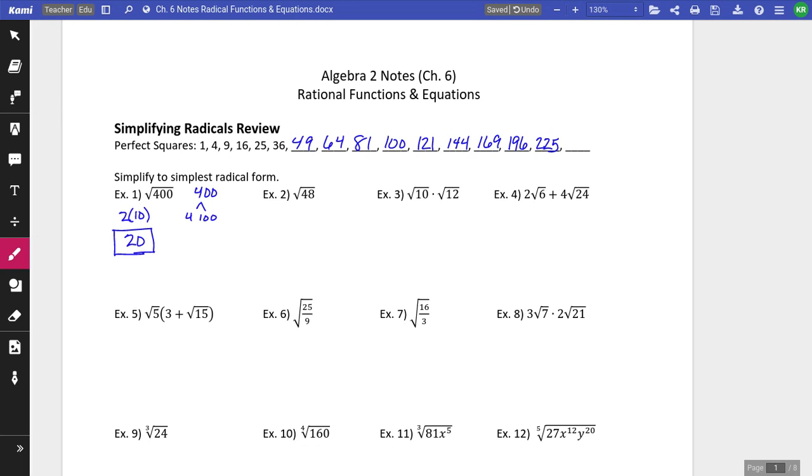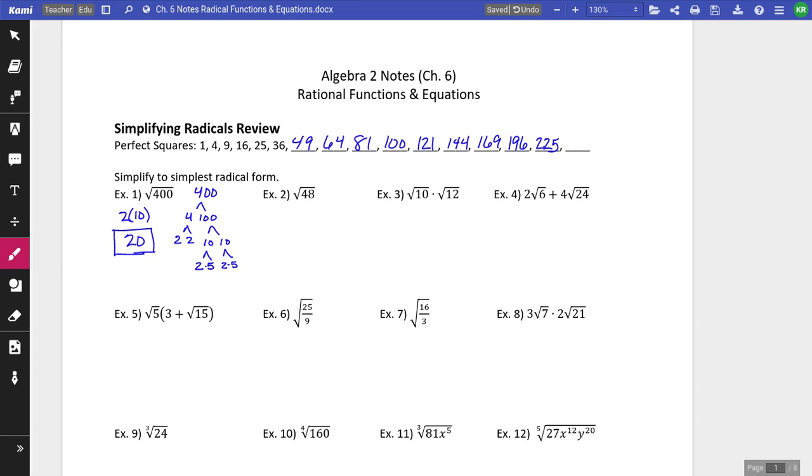Okay, however, if you don't know that, you can do your factor tree. Now, I stopped when I had perfect squares here because I knew what the square root of 4 and what the square root of 100 was. But if you don't, or you don't split it up in that same manner, you could always take it all the way down to prime factors, and then you can do groups of 2 things at a time.